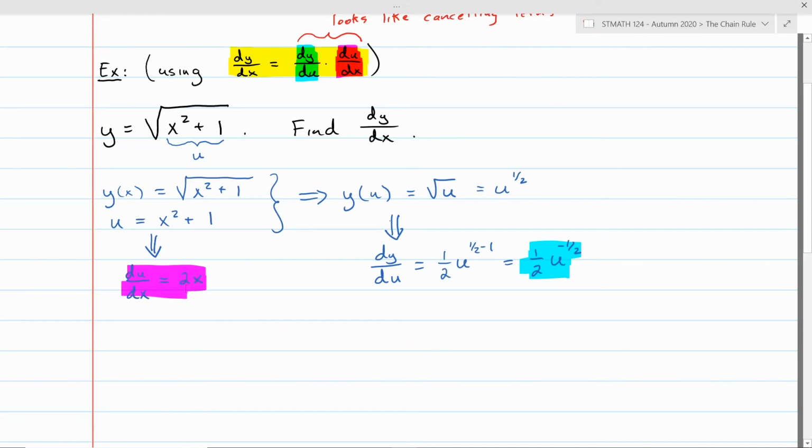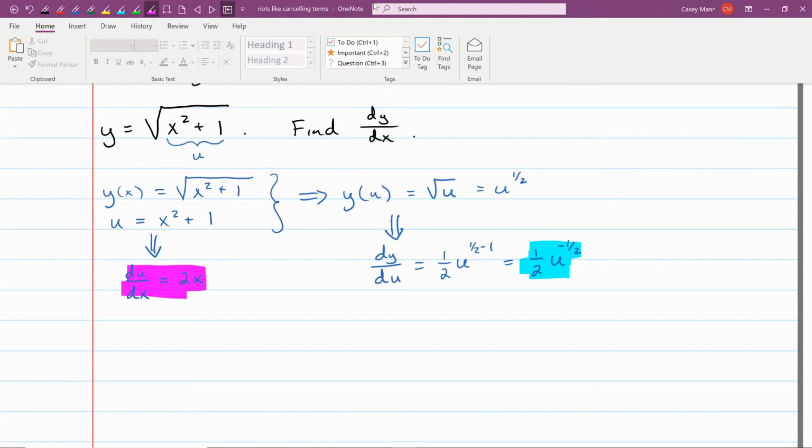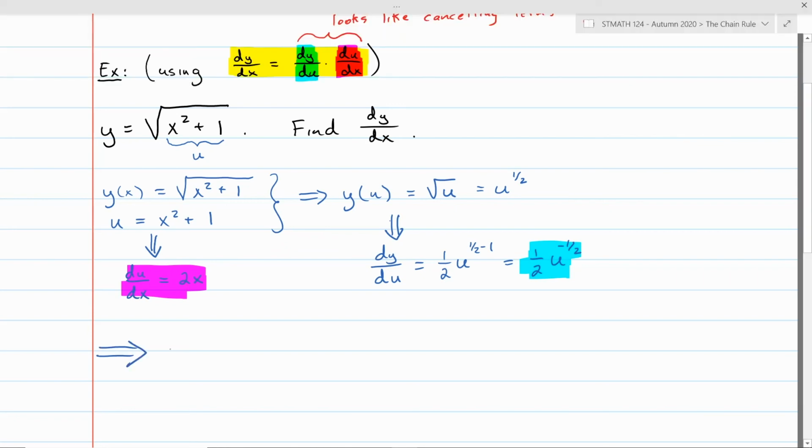Now we can just put the two bits together. So putting it all together, we got dy dx, the derivative of the original function with respect to the variable x, is dy du times du dx. dy du is 1/2 u to the negative 1/2. And then du dx was 2x.